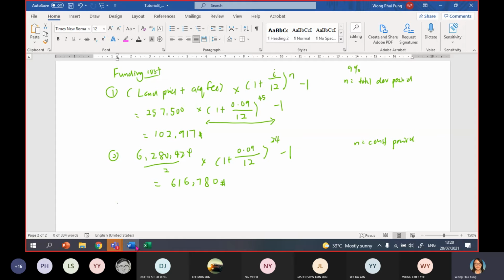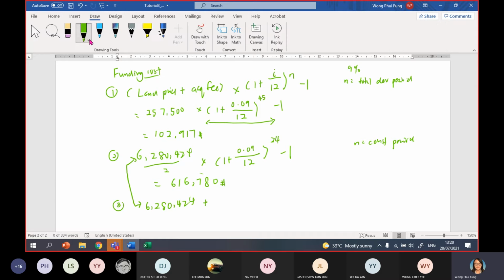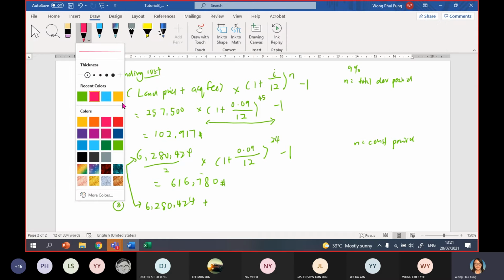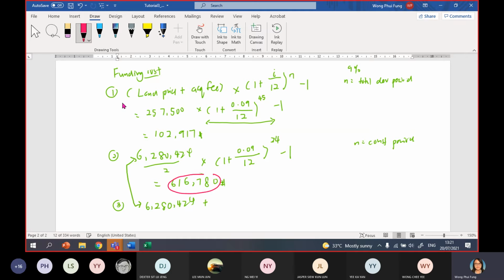Last but not least is during the void period. Similarly, you use the total figure 6,280,424, plus the interest here. The interest from stage 2 will accumulate, roll to the next stage, and continue to generate interest.